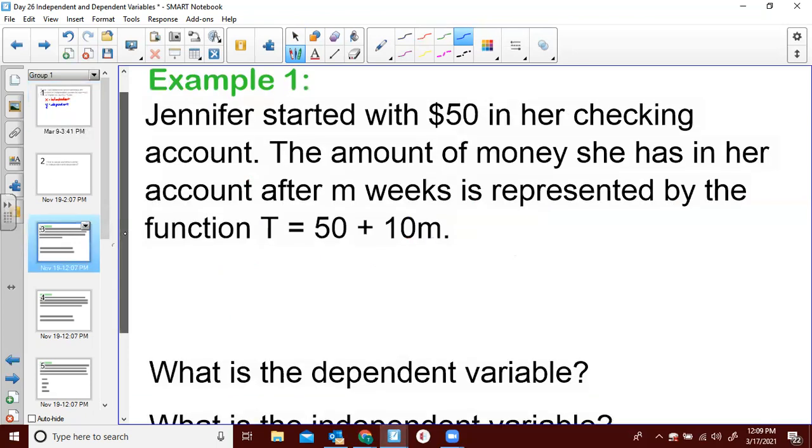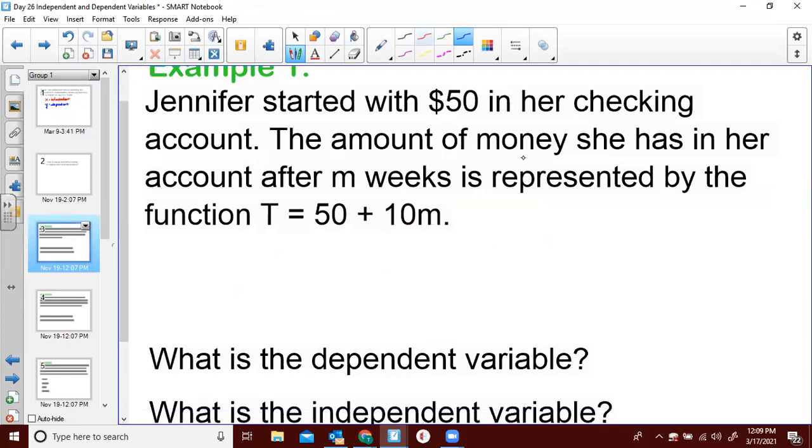So Jennifer started out with $50 in her checking account. The amount of money she has in her account after M weeks is represented by the function T equals 50 plus 10M. All right, so let's talk about this slope-intercept formula. We have y equals mx plus b.